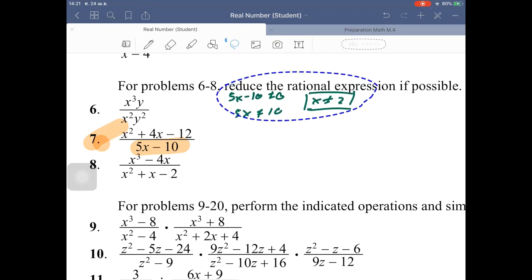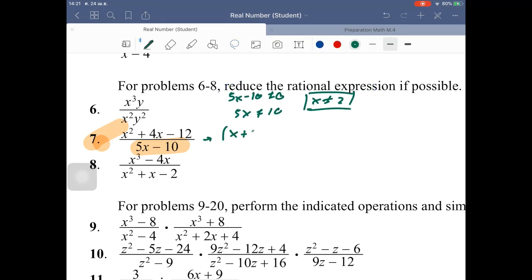And then you factorize this, and then eliminate some terms. So you will get x plus 6 divided by 5, but x cannot be 2.